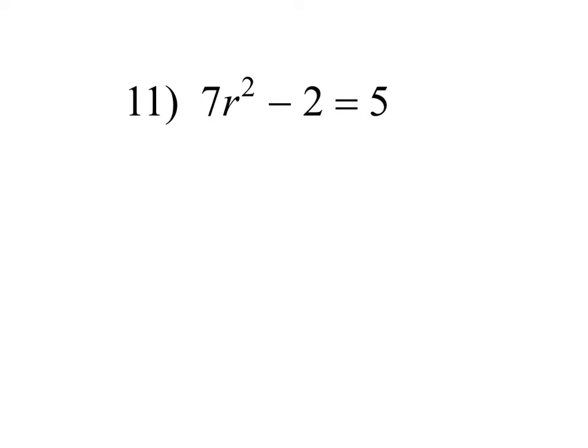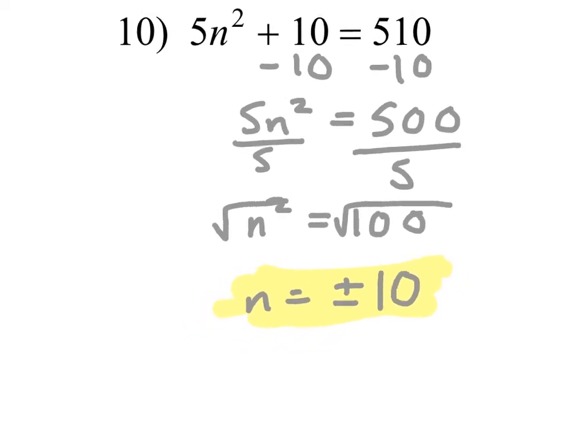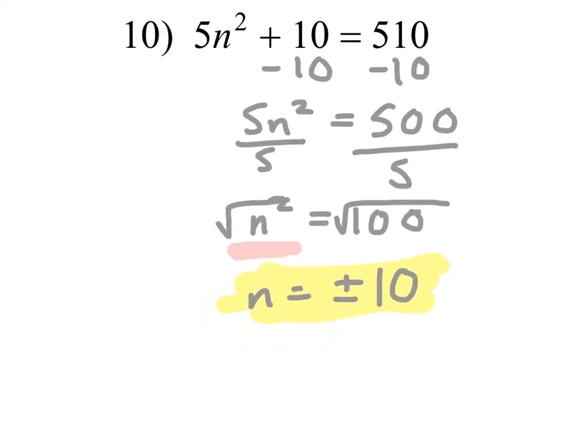Curvin, what do we do first here? So in these, our goal, let's look at this one that we did. Our goal is to get n squared all by itself, so that way we can take the square root and find what n is equal to.